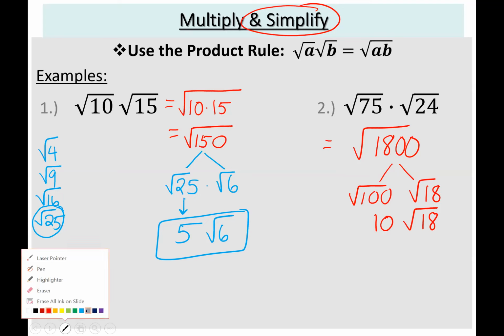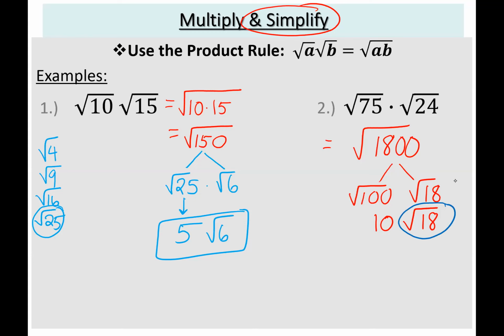There's still a perfect square in there. It's kind of like when we factor, we needed to factor completely. Sometimes that meant you took out a GCF and then you also had to do the difference of perfect squares or something like that. There were more than one type of factoring you needed to do, more than one step. That's kind of what's happening here. I broke it down, but I can break it down more.